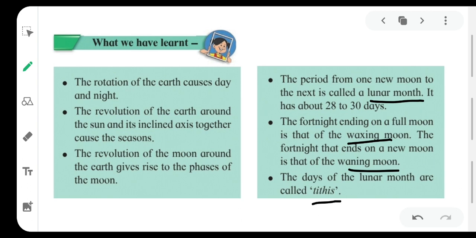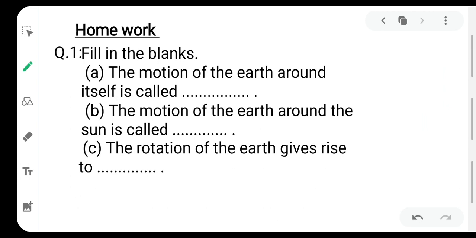In the next video, we will start writing question answers on lesson number 1 and lesson number 2 of Evs-I. And your homework for this is question first, fill in the blanks. The motion of the earth around itself is called dash.